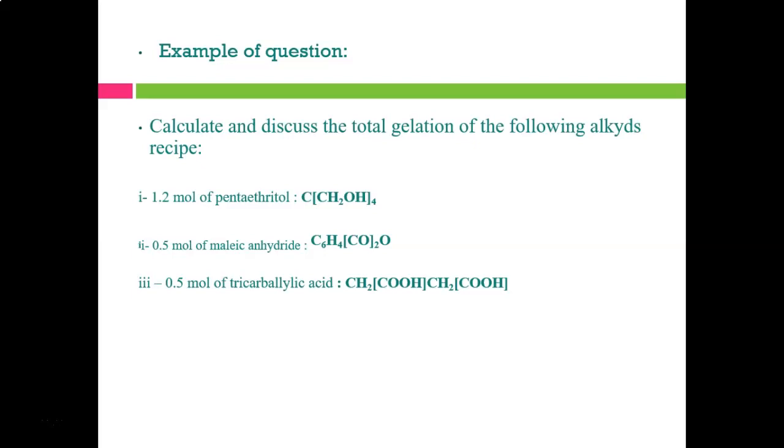Okay, for example, calculate and discuss the gelation of the following alkyd recipe. You have 1.2 moles of pentaerythritol, 0.5 mole of maleic anhydride, and 0.5 mole of tricarboxylic acid. Now, what you need to do is figure out the functional groups of the pentaerythritol, maleic anhydride and tricarboxylic acid structures.